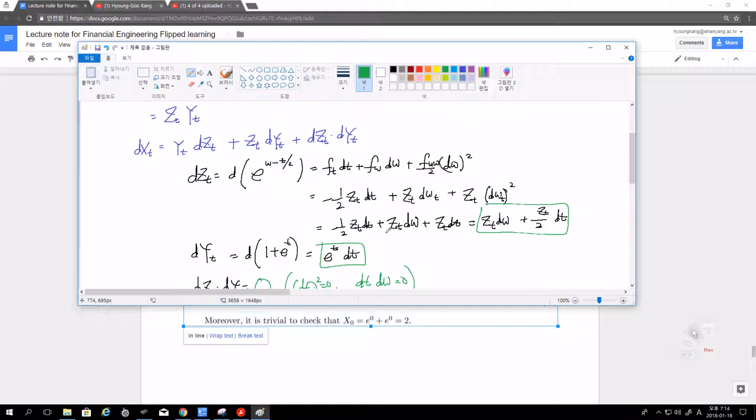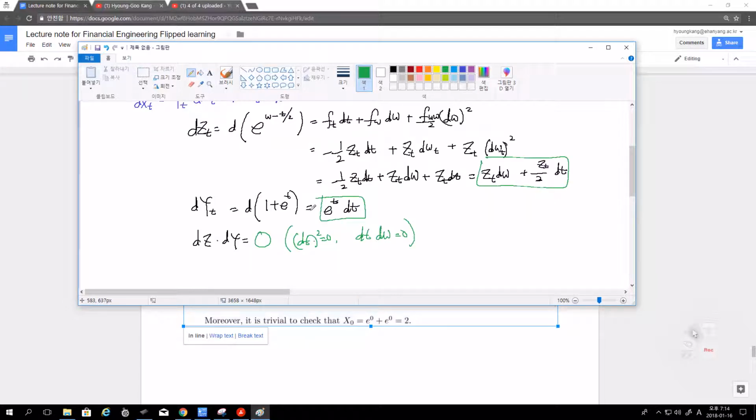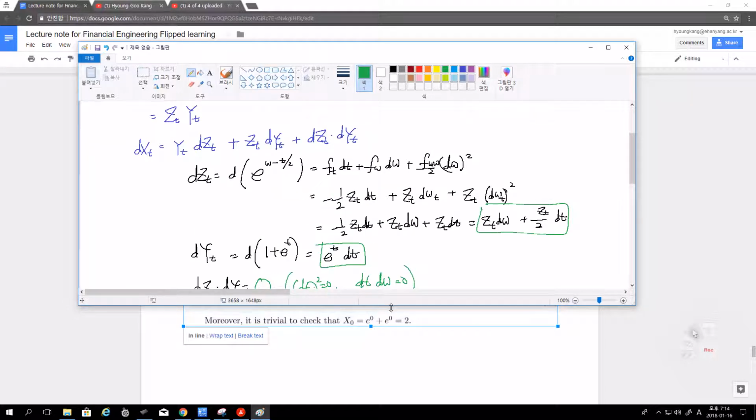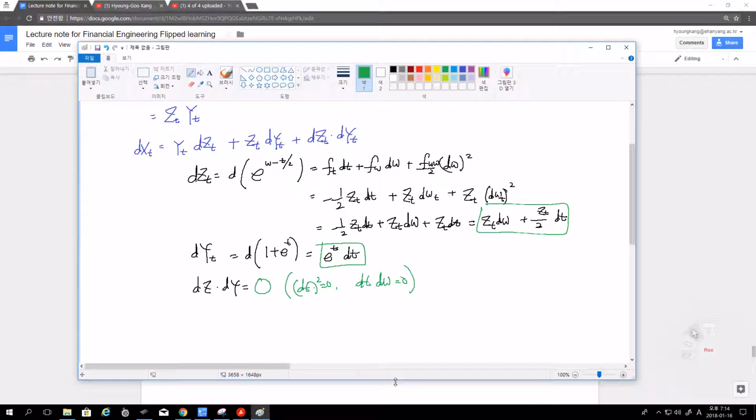So we can just plug those equations over here. Then we have those things. We can collect terms. So dx, now we can collect. You can just plug this term over here, right?